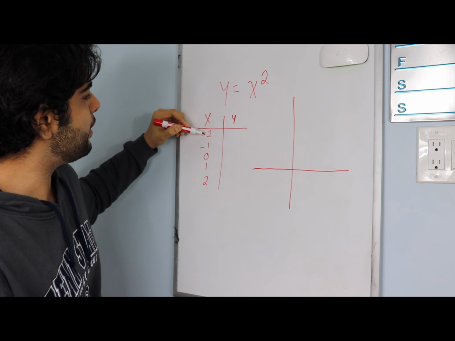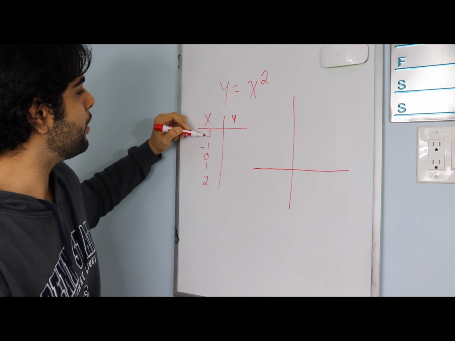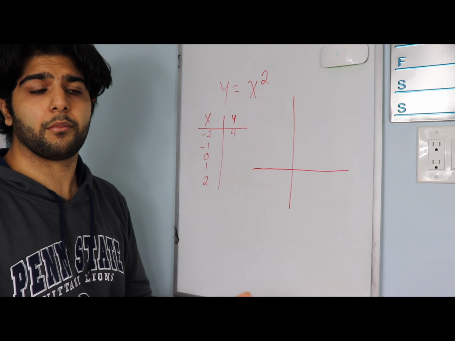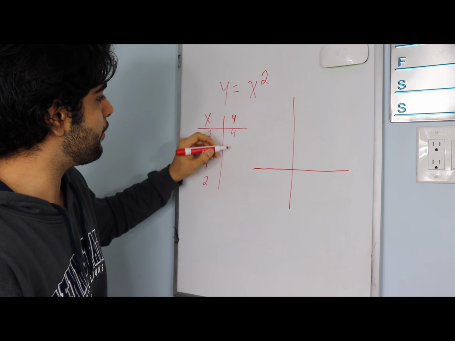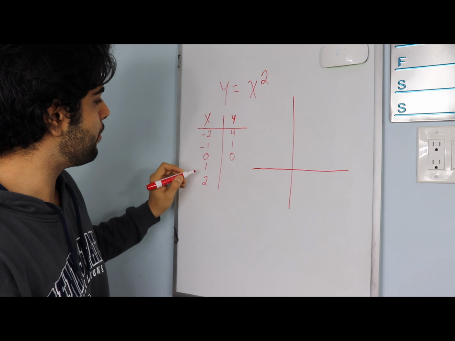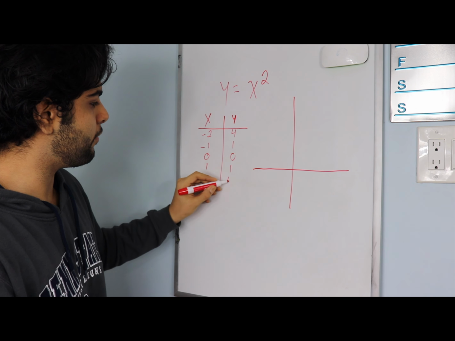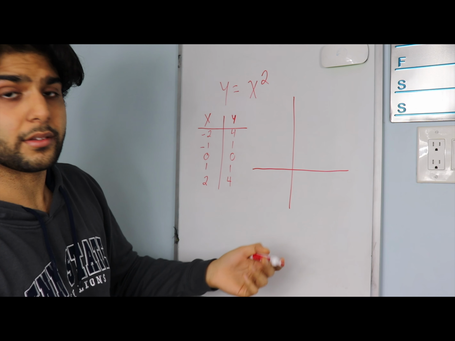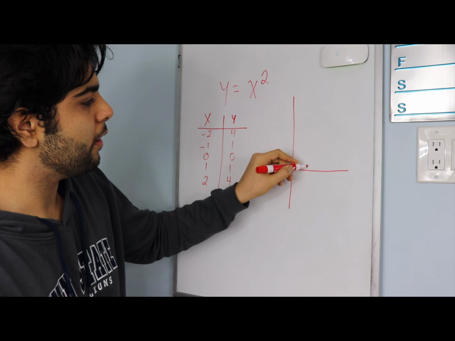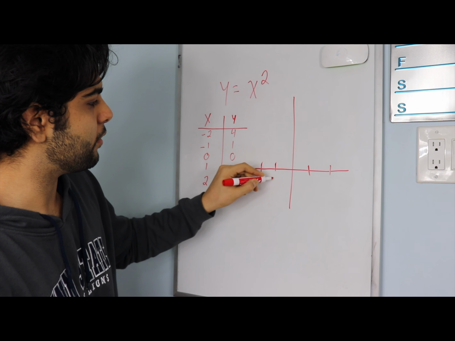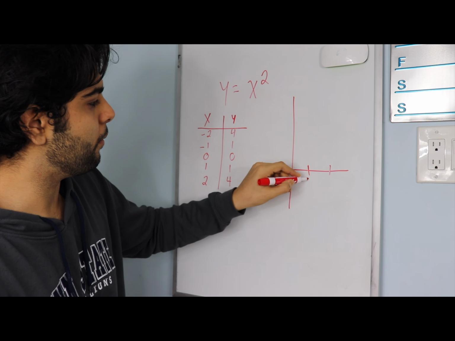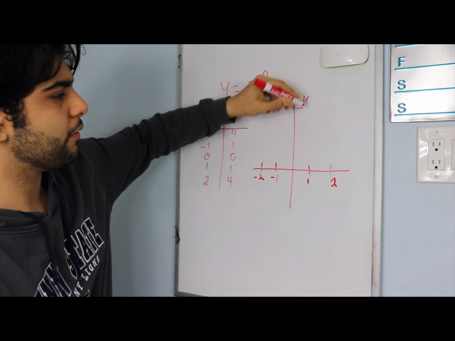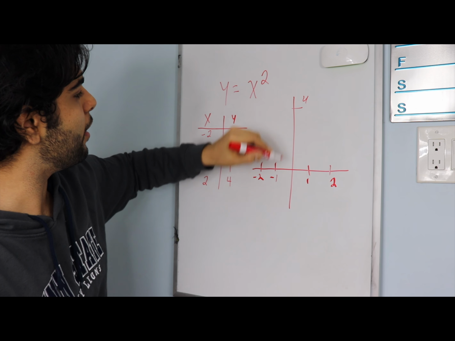Then what you do is plug the x into the formula. So -2 squared is 4. Any negative number you square, you get a positive number. -1 squared is 1. 0 squared is 0. 1 squared is 1. 2 squared is 4. Then you just plot these numbers. So a quick sketch of this would be -2, -1, 0, 1, 2, where the maximum in our table is 4.